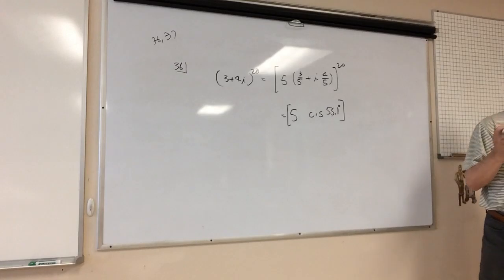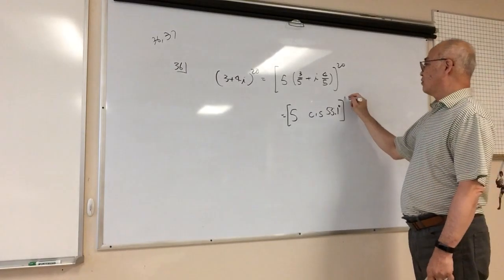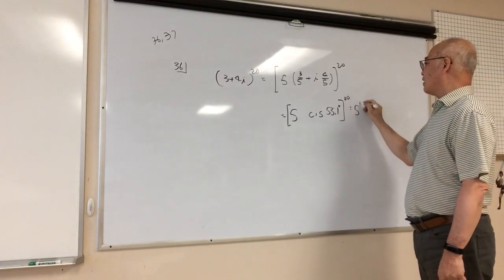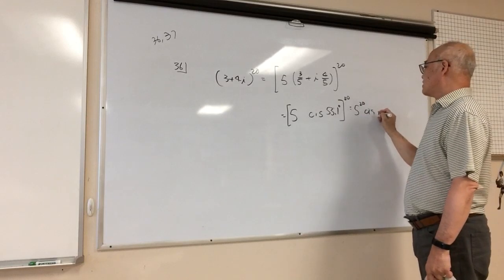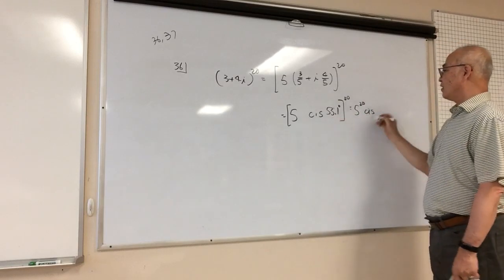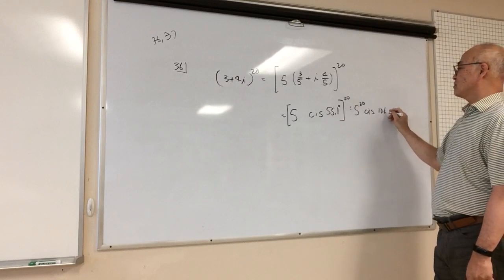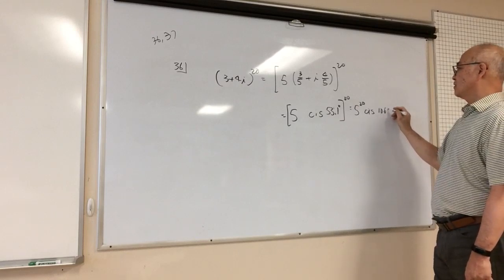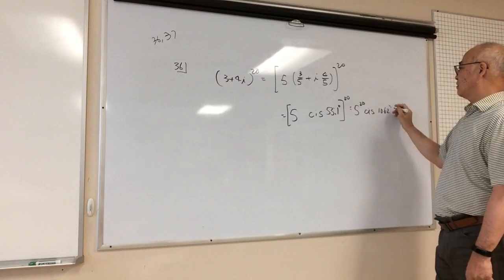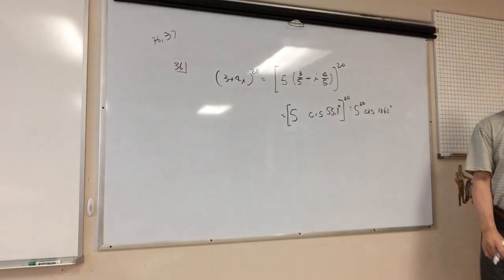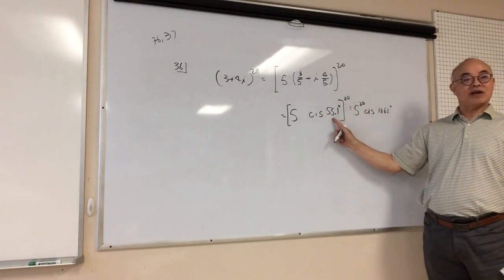To the 20th, so now I can say 5 to the 20th, cis 106.2 degrees, because I'm multiplying 20 times whatever that is, right?